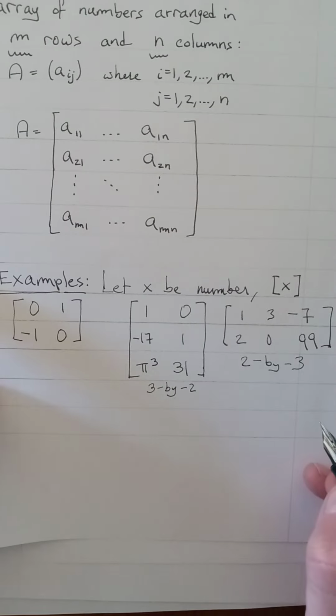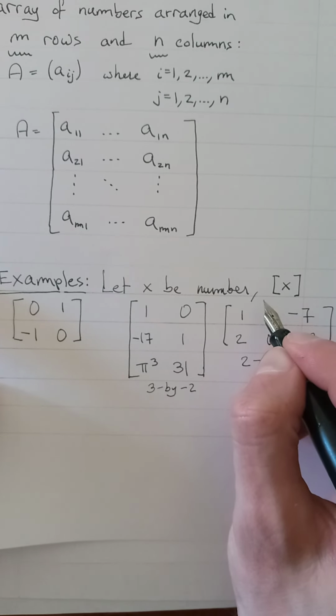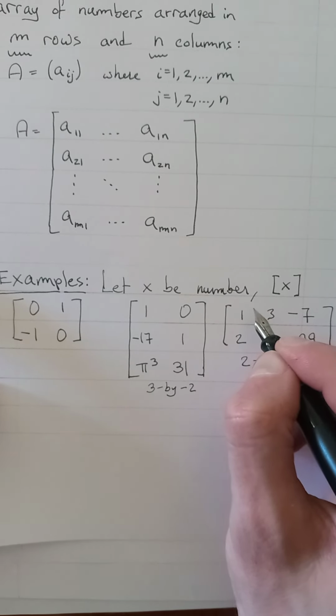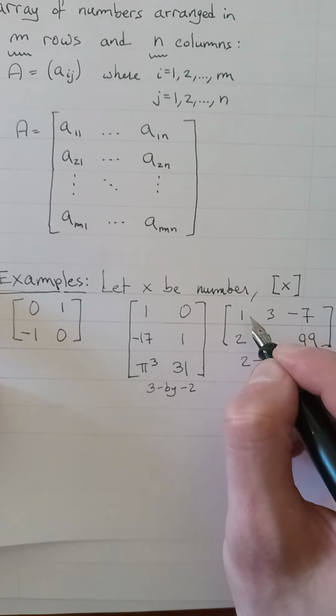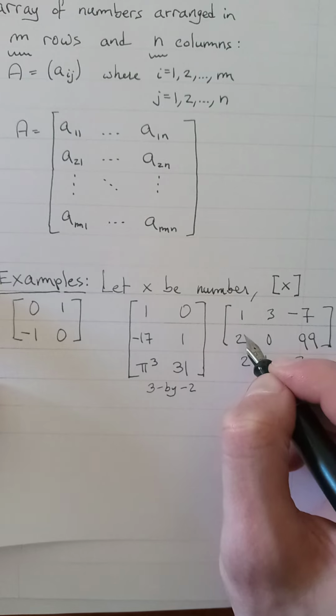Now, remember, last time we had this example that if x is a number, then the one-by-one matrix of x should reflect faithfully the familiar properties that a number has. So that's the special domain that we're going to be restricting our definitions to.